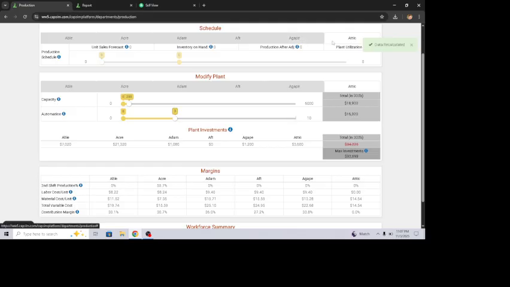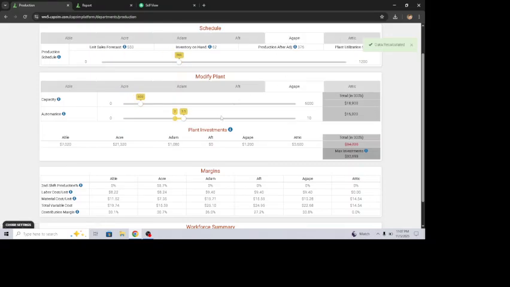So in this case, looking at Arctic, which is our new product, we will retain an automation of 3 and a capacity of 200. And looking at Agape, we have an automation of 3.5, and looking at Aft, we have an automation of 3.5.